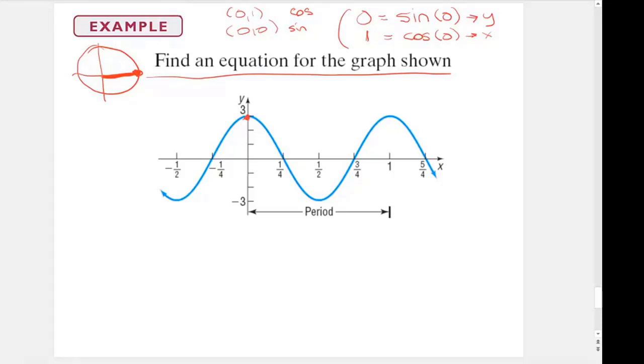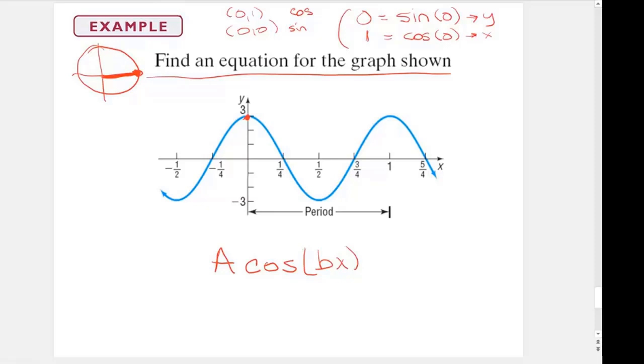Since it's not starting at 0, I know this is going to be a cosine graph. I don't know much else, but I'm going to say there's some a cosine of bx. So right now, we're not working with anything that's moving up or down or right or left. We're just expanding and contracting. That's all we're doing here.